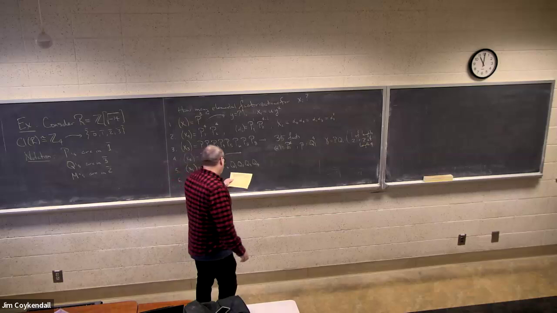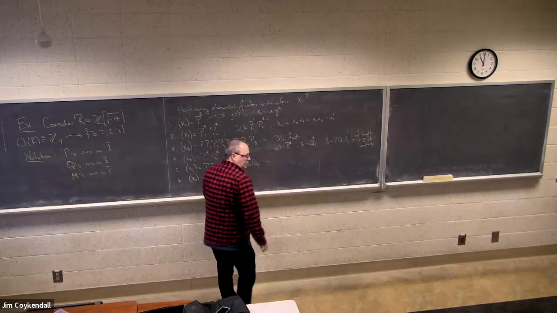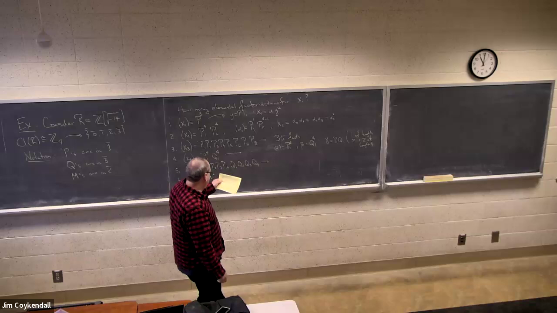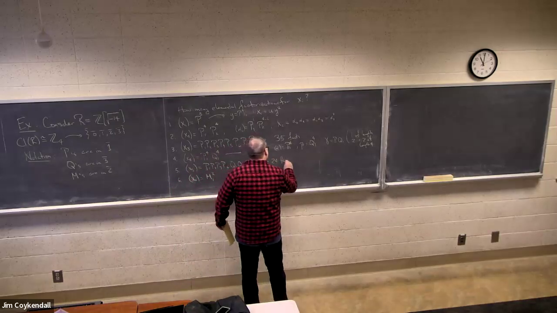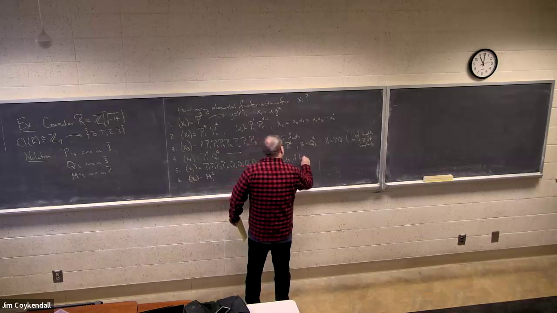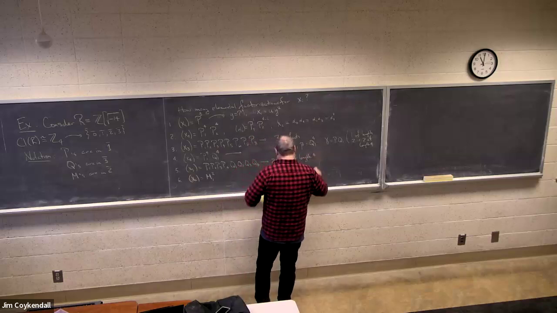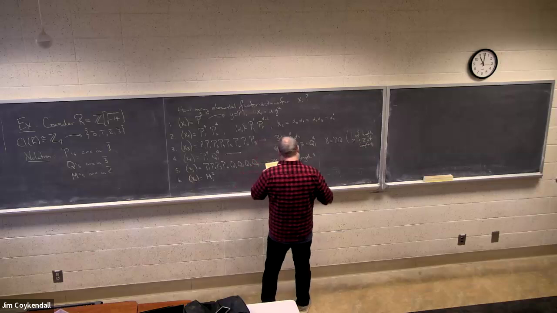This one. So you should check this, see if you can count this out. You get 24 factorizations of length 4 and 1 of length 2.